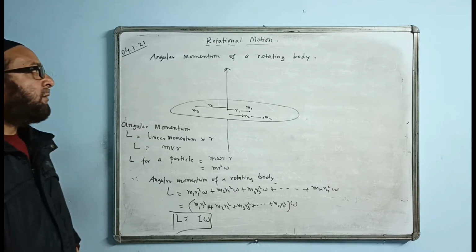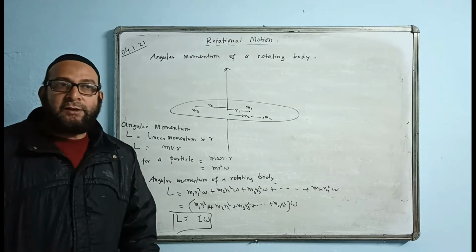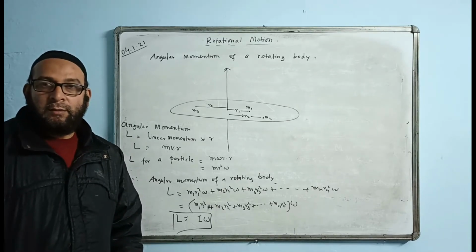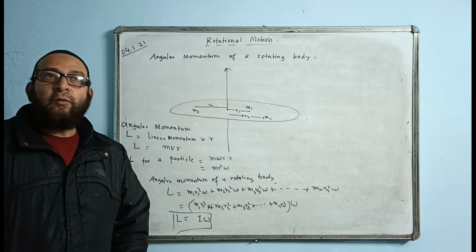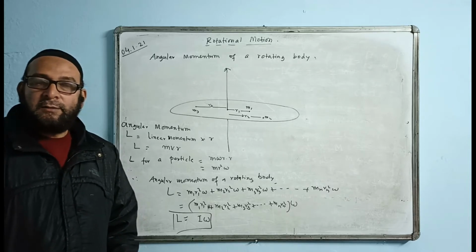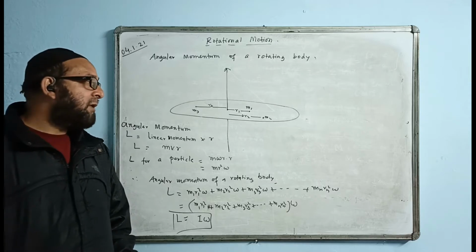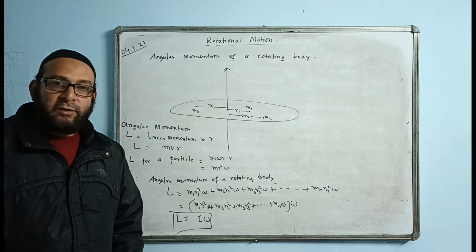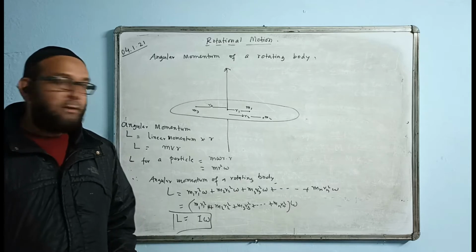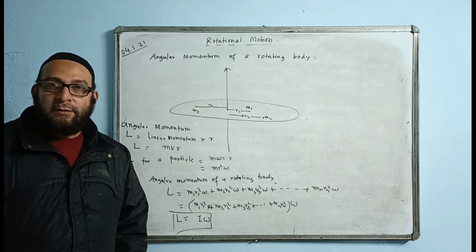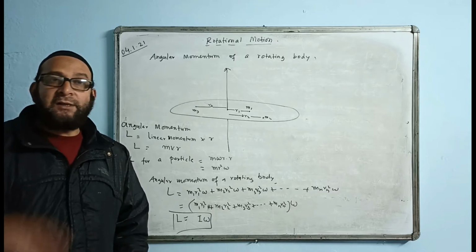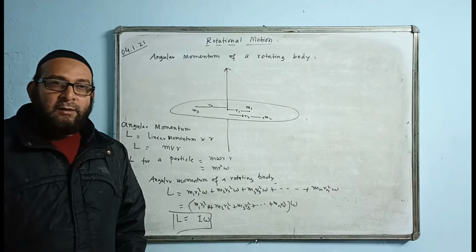Okay, now another one. Why is moment of inertia so called? Do you know what is inertia? Inertia is the tendency of a body to remain in the state of rest or in the state of motion. That tendency is called inertia. What determines the inertia of the body? We say mass. Mass is the measure of inertia.